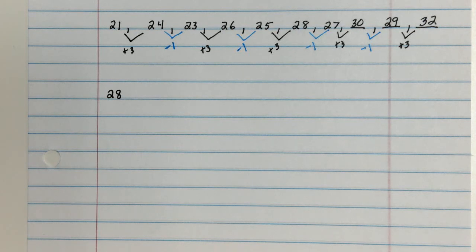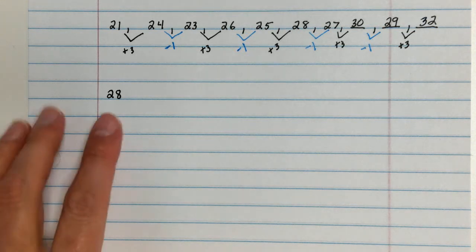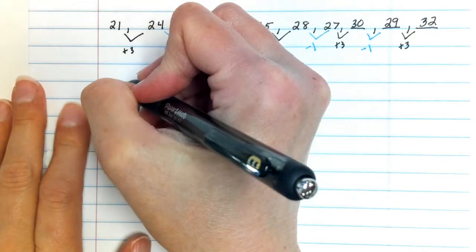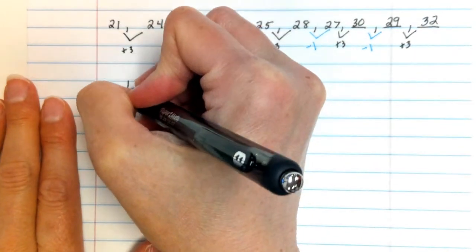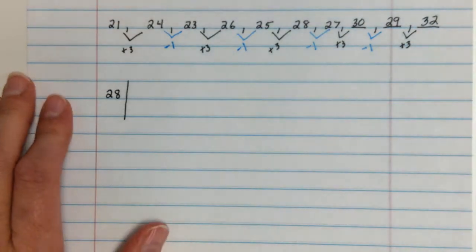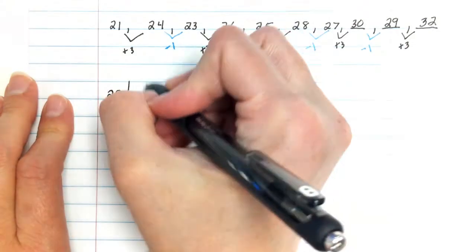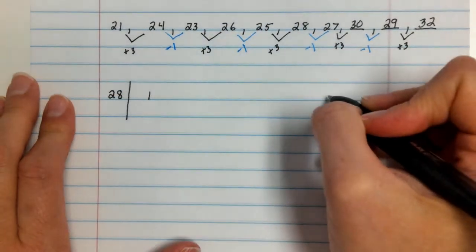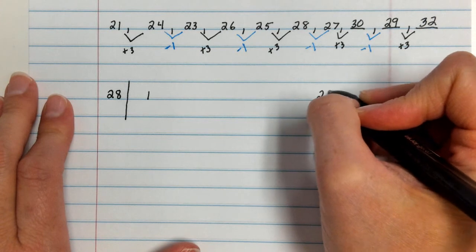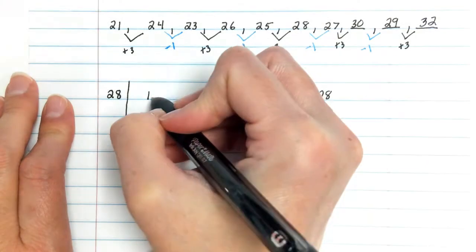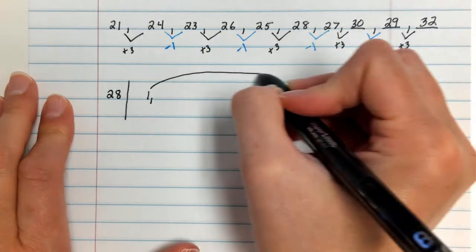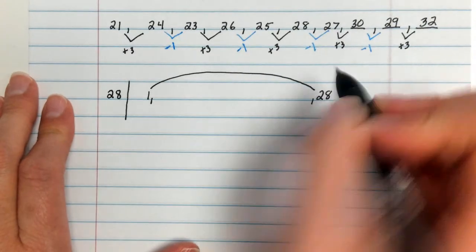The numbers that I multiply together to get to this number. So when I want to find the factors, I'm going to draw a line here. Okay, what do I always start with? 1 times the number, right? So I have 1 times 28. There's my first 2 factors.